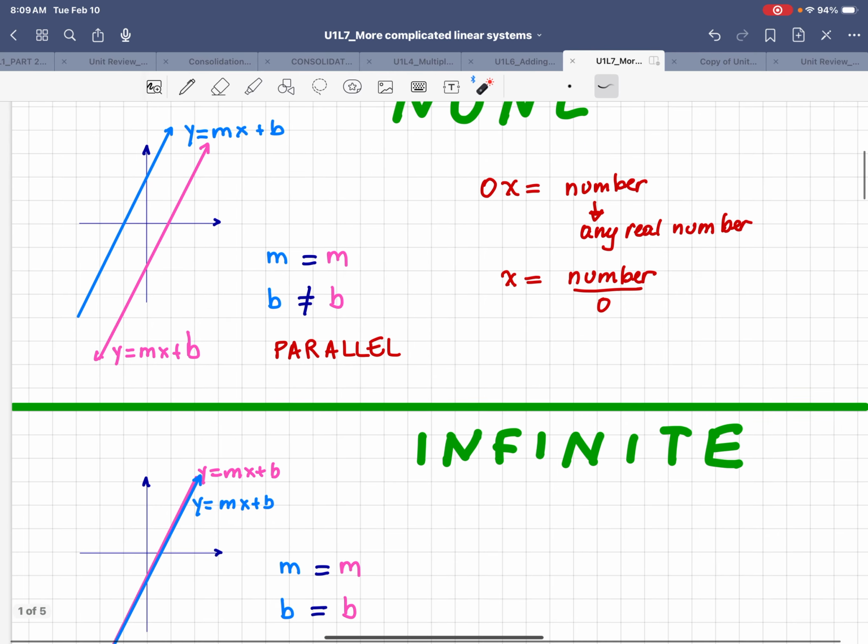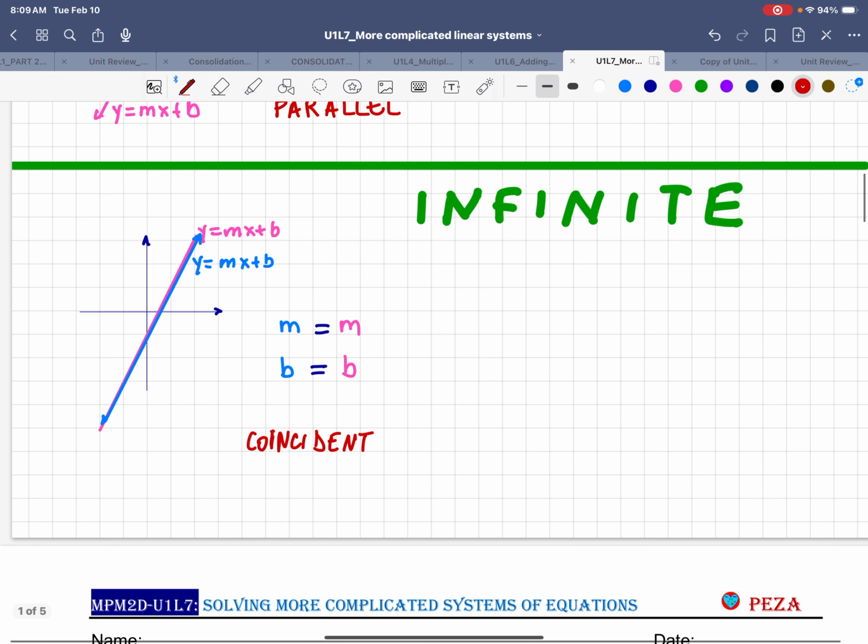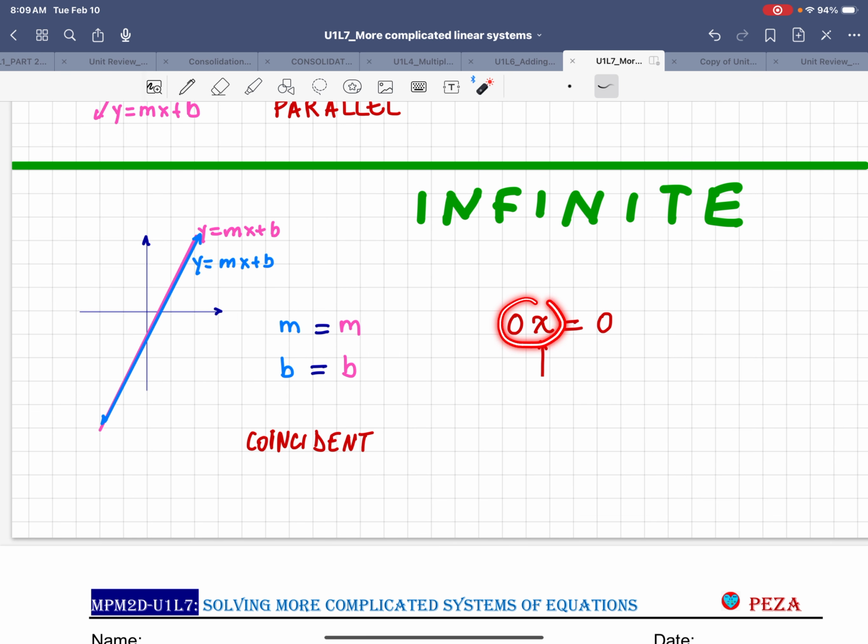Now, when a system of equations has an infinite number of solutions, algebraically, we're going to end up with an equation that looks like this: 0x equals 0. As you can see here, no matter what you substitute for x, this equation will hold true for any real number.